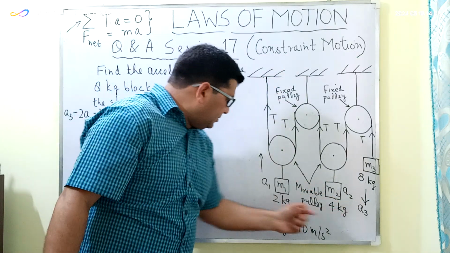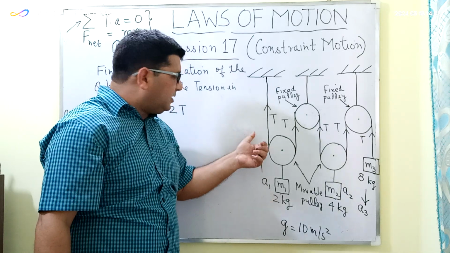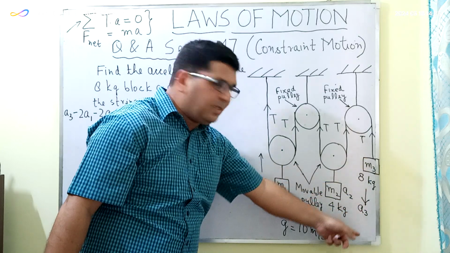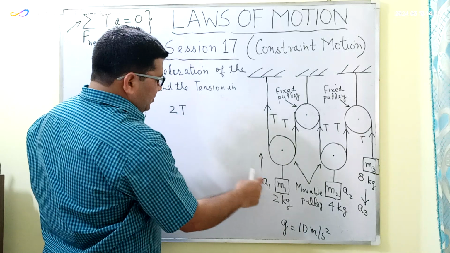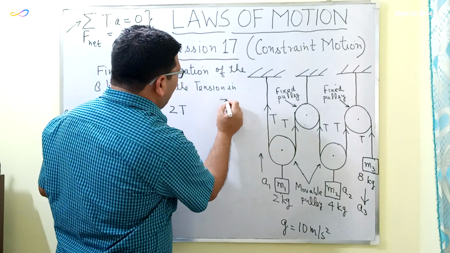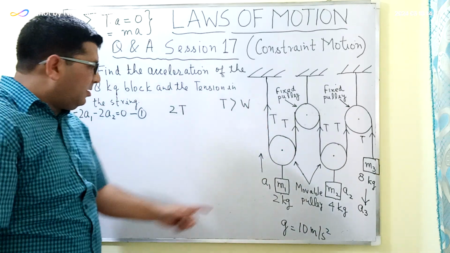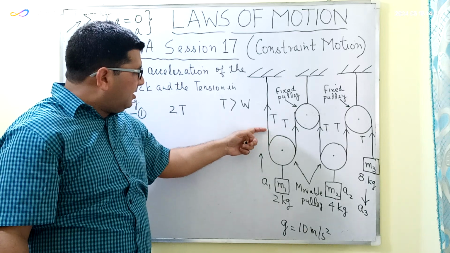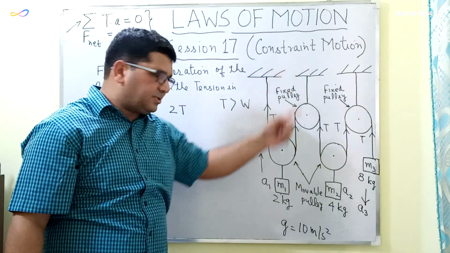So the acceleration of these blocks will be upward, and the acceleration of block M3 will be downward. Block M1 will move upward only when the total tension in the string is more than the weight of the block.